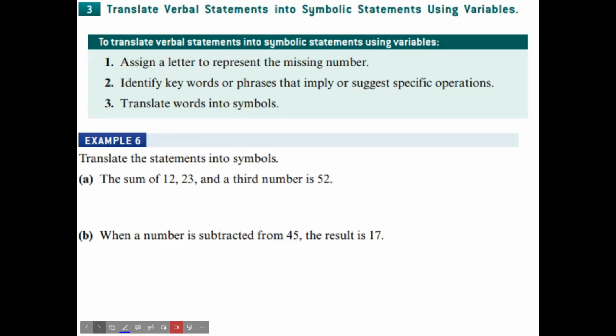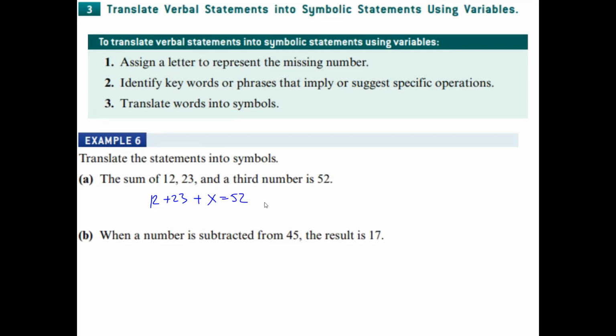So let's have a look. The sum of 12, 23, and the third number is 52. So what do I conclude from here, how many terms do I have? 3 on the one side, right? So what's happening? 12 plus 23, and the third number, so I add, is 52.